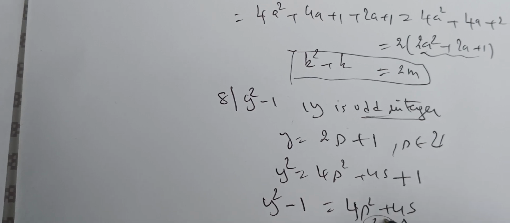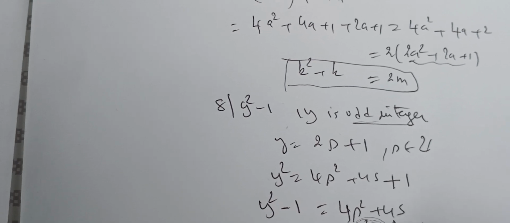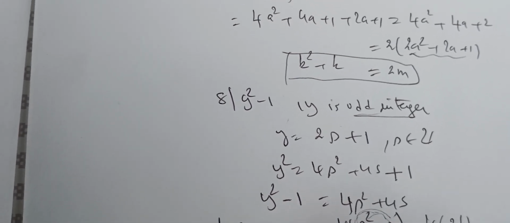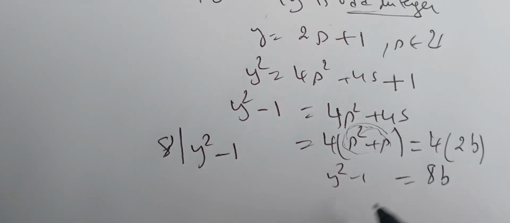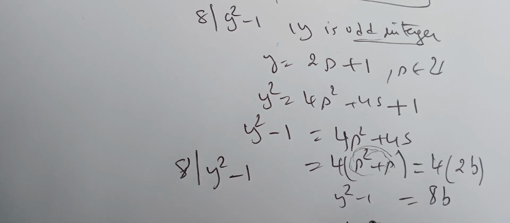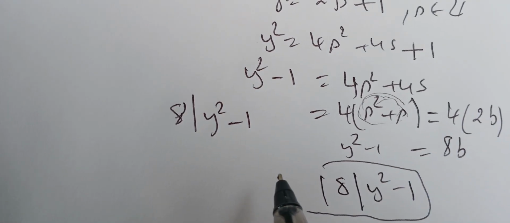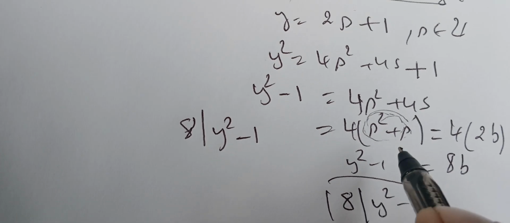We said that s squared plus s is always even. That means we can write this number as 4 times 2b. That means y squared minus 1 is 8b. That means 8 divides y squared minus 1, and that's what we need. This is the result that we needed to prove.